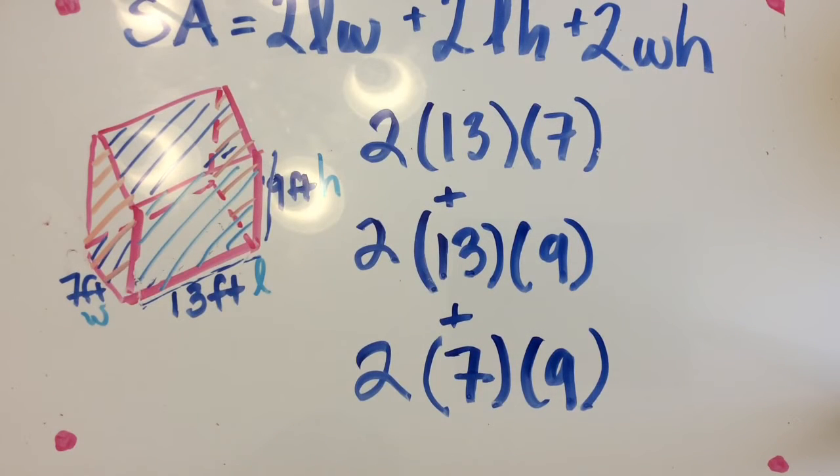So this formula is just telling me I need to find the area of each of those faces and add them all together. And that's it. So I'm going to plug them into my calculator.